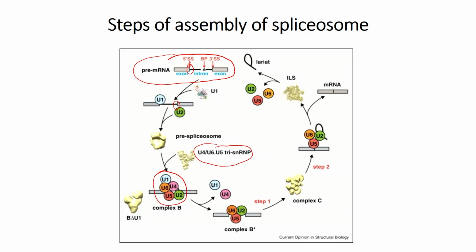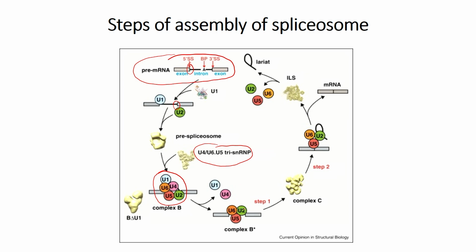Then next what happens is that U1 is out, U4 is out. Once this binding occurs, the bindings are such that when 2 are bound, maybe the interaction with the third is less and the third can go out. So, this is how these 2 are out.